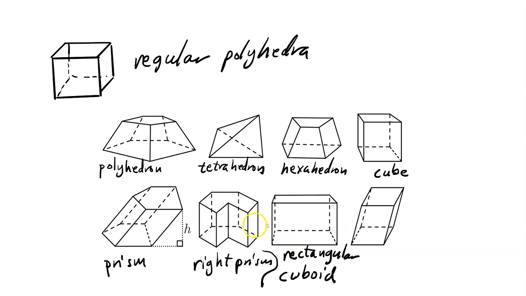So this is a special case of this one, where the bases are rectangles. And if instead the bases are parallelograms, this is called a parallelepiped. This is a special case of a right prism where the bases are parallelograms.